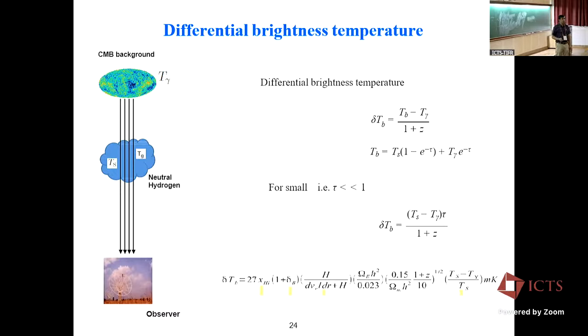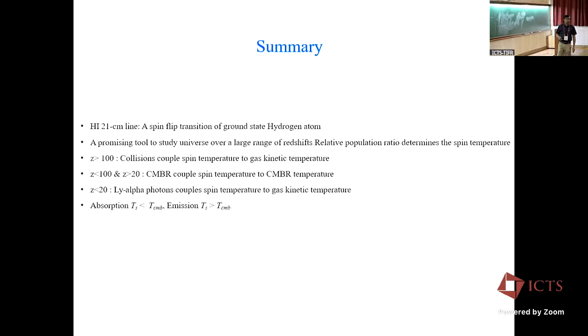Now to summarize my lecture, I explained why neutral hydrogen is important in probing the epoch of reionization, and what the processes are that determine the signal, particularly the spin temperature, and what the exact quantity is that we can actually measure, that is the differential brightness temperature, and how it depends on the different cosmological parameters, density, and some constants.